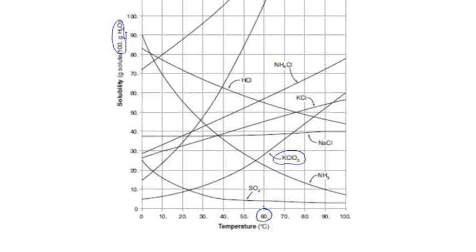So at 60 degrees, I follow up to the KNO3 line, follow to the left, and it's approximately 108 grams. If I cool the solution down to 50 degrees, then I see I can only dissolve about 83 or 84 grams of KNO3.